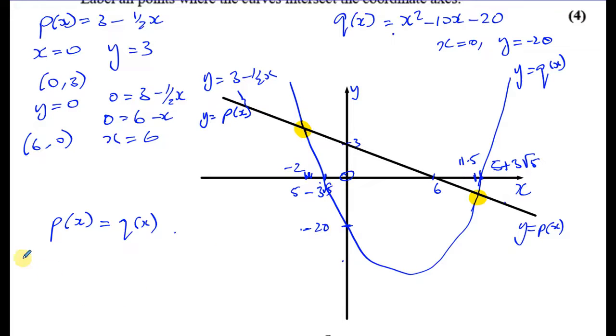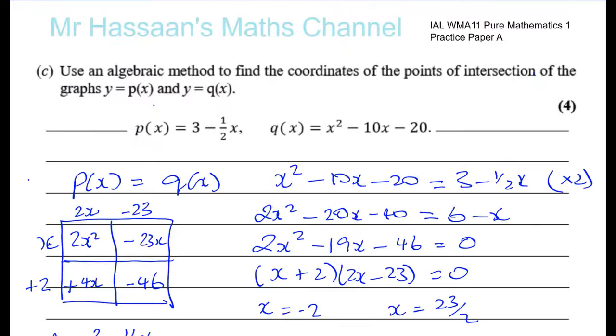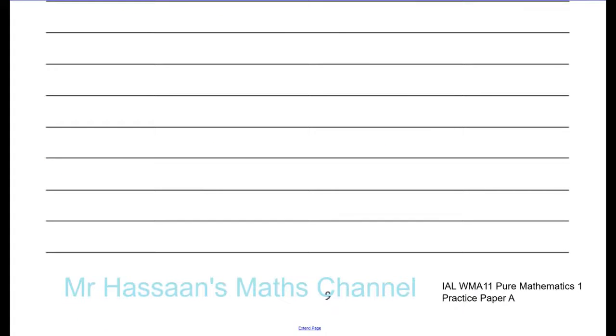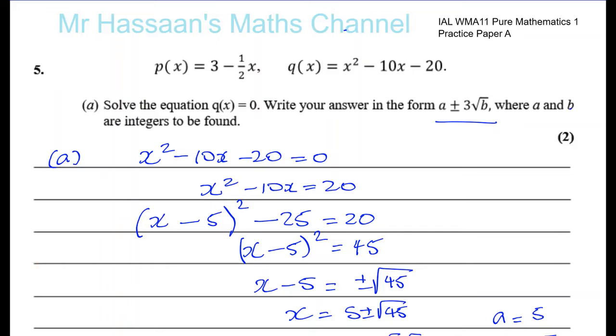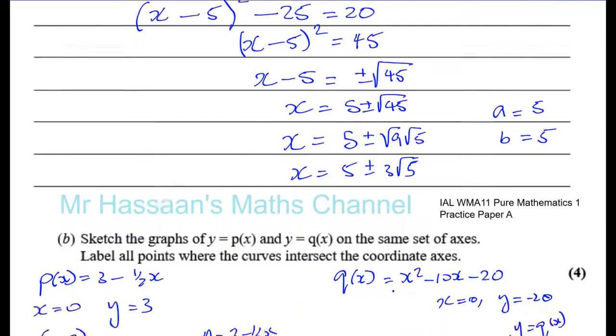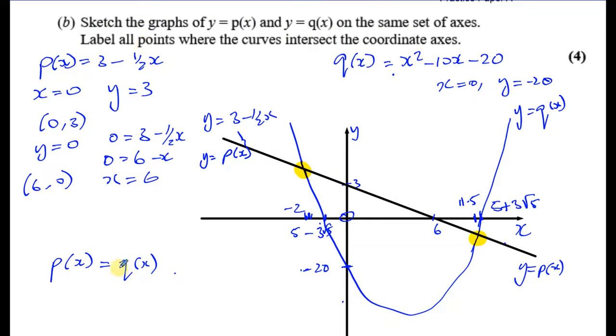And we want to find, what does it say again? It says when p of x is less than q of x. Now, p of x is the line and q of x is the curve.